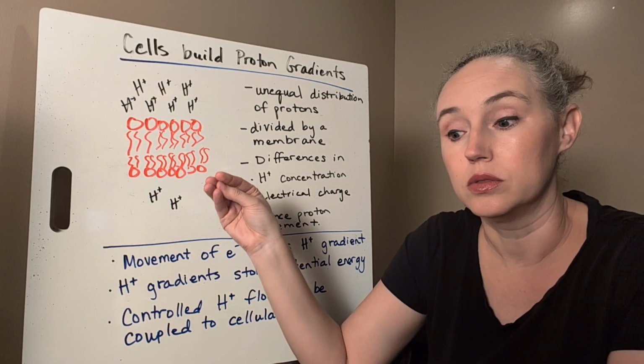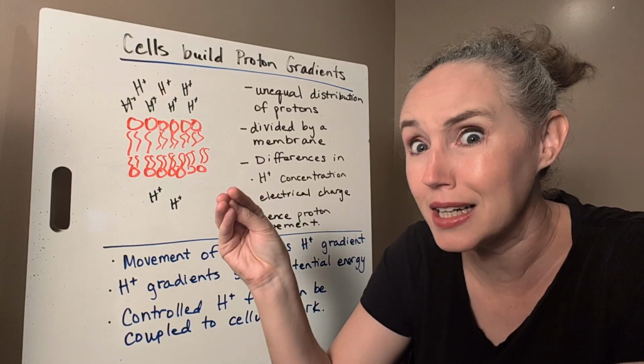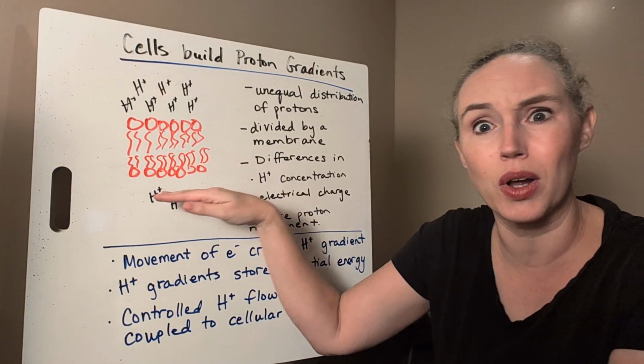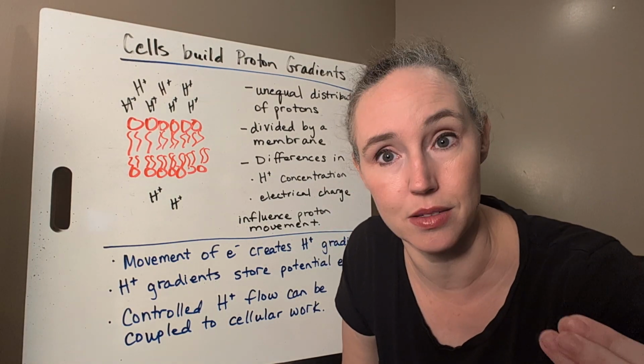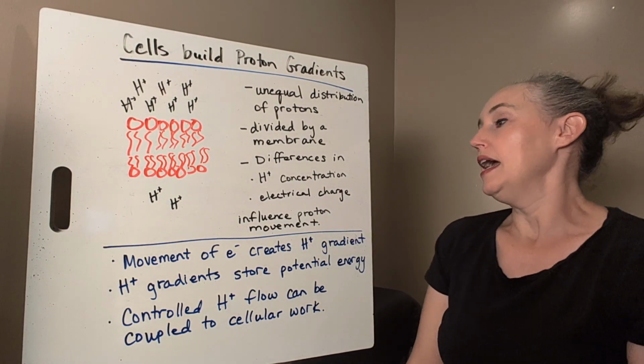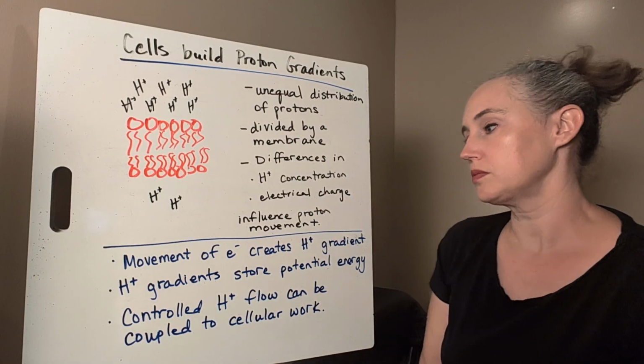So while it is not actually negative, it is negative relative to the top, right? It is less positive. All right. And this is all going to influence the movement of protons.